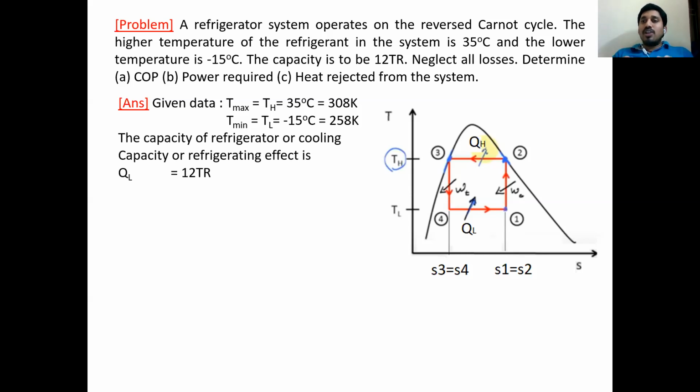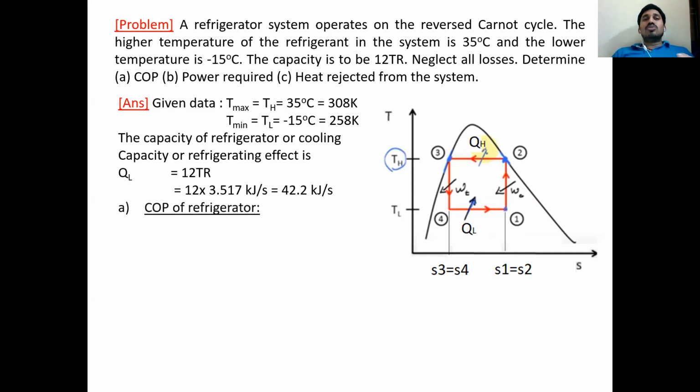If you get a TR value, you should convert it to kilojoules per second. So the total cooling capacity or refrigerating effect equals 12 into 3.517, which equals 42.2 kilojoules per second. That is the refrigerating effect of this problem. So this data is given.